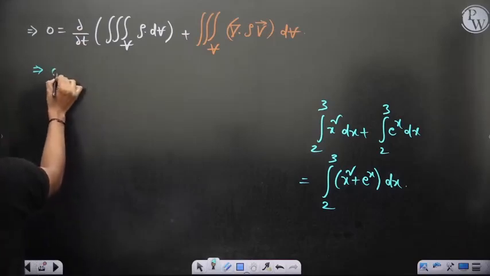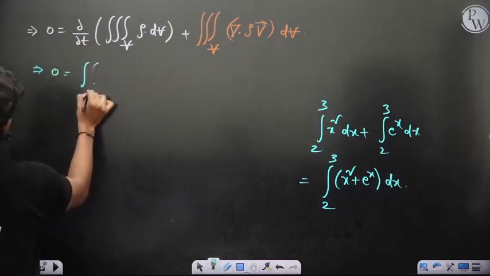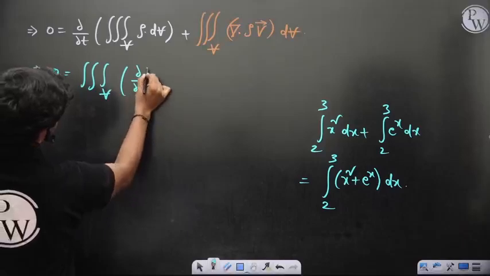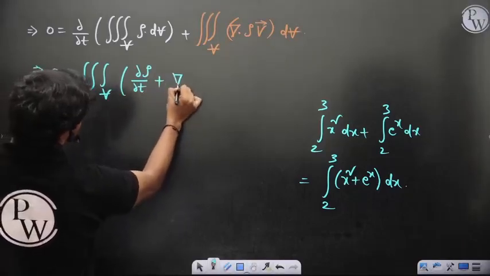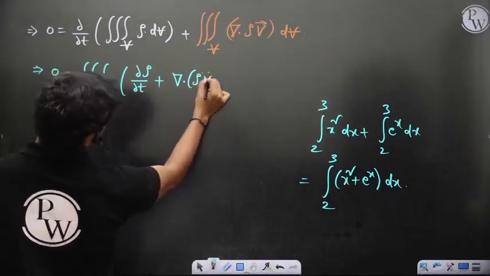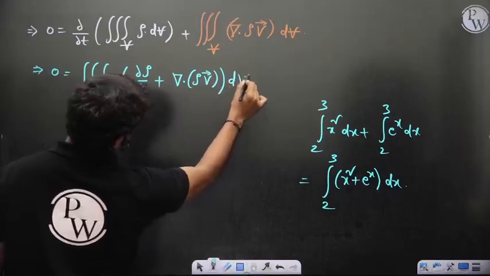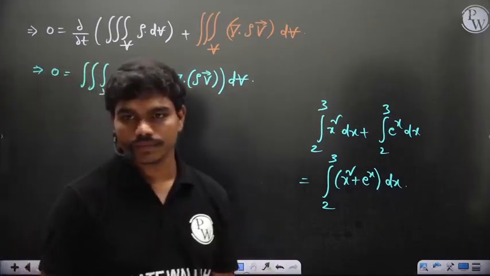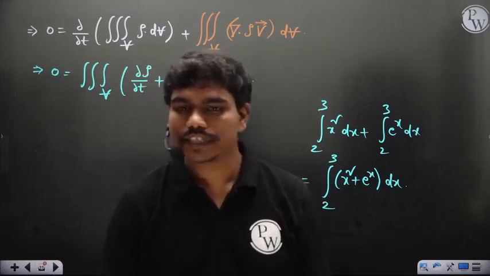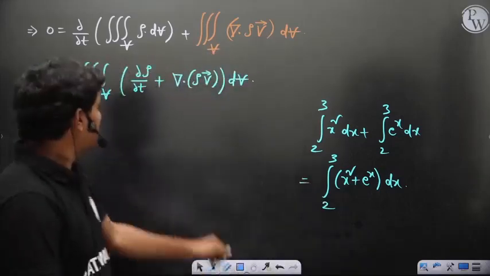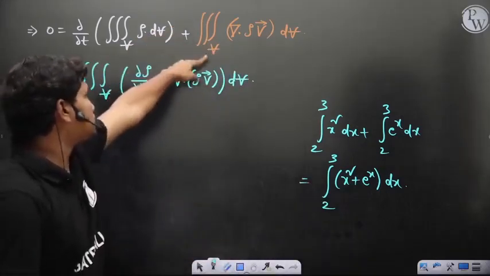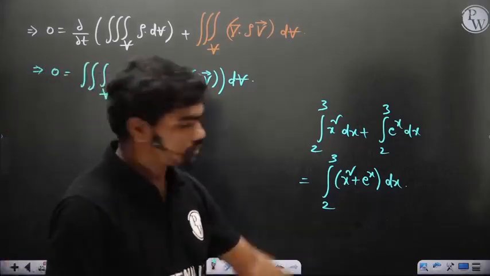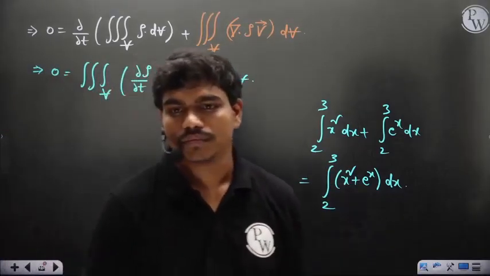Okay, so 0 is equal to integral over v of dou by dou t of rho plus divergence of rho v, dv. ऐसे लिख सकते हैं क्या? Yes or no? Please type in the chat box. Can I write these two integrals because they are under same volume? So I can write it as simple one under one integration, same logic. Can I do this?